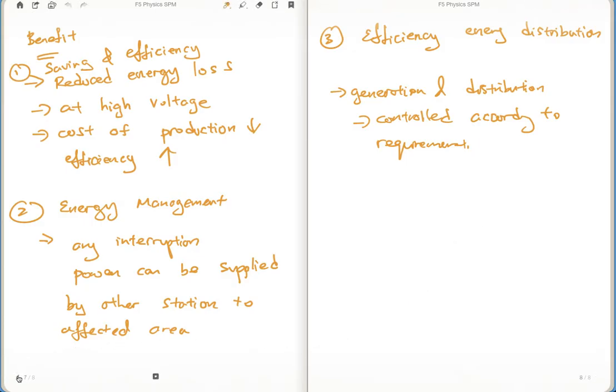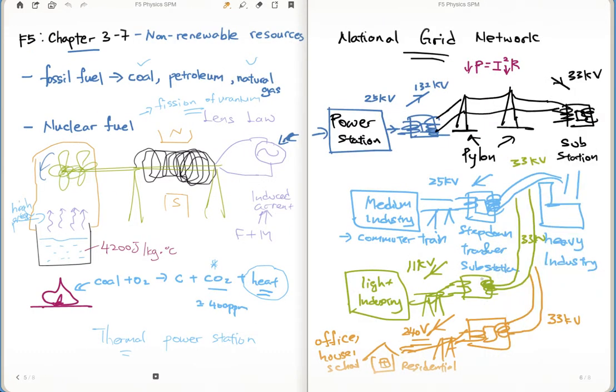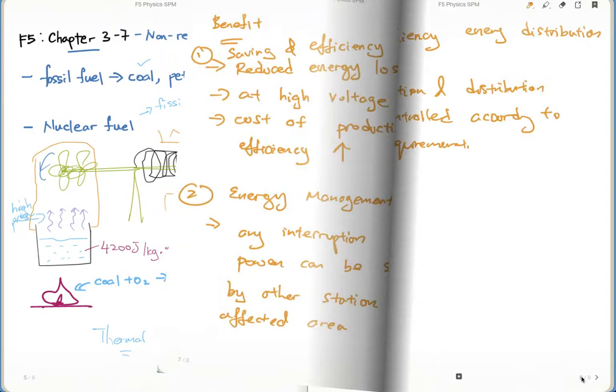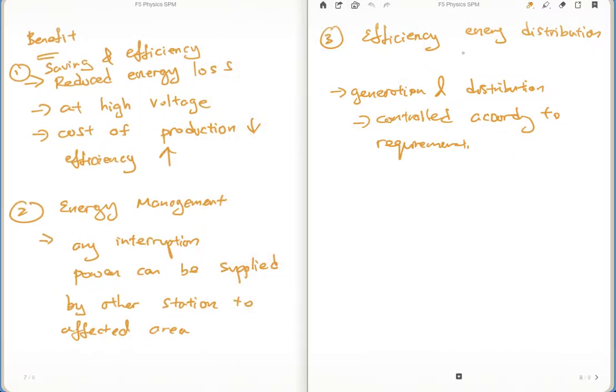So in the event I need more residential area, I have more power demand, what you do is you are able to channel from the light industry to here. It doesn't need to go through the mainstream. You get it from the neighboring substation. Okay, so there are actually these 3 points: saving and efficiency, energy management, and efficiency of energy distribution.